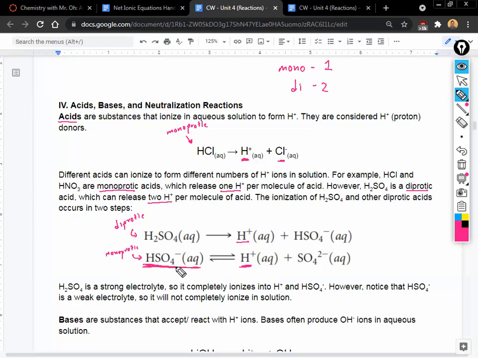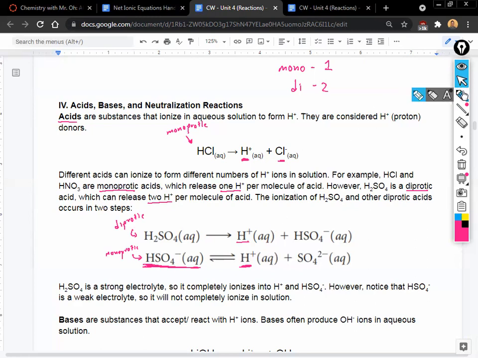We'll talk about that later in the year, but just know that monoprotic means it can release one H plus, diprotic means that it has a potential to release two. Any questions about monoprotic, diprotic acids? Pretty self-explanatory, right?